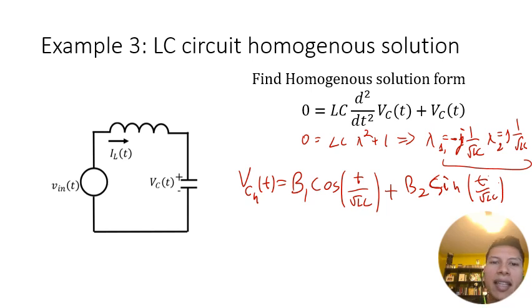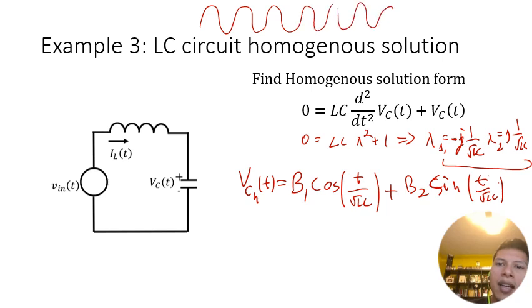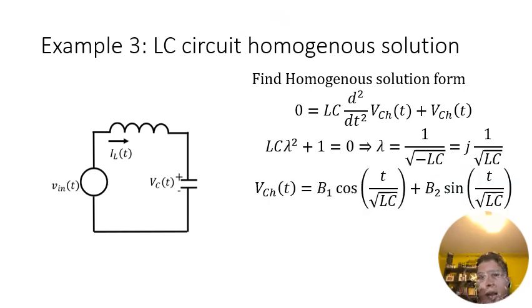What that means is that this kind of circuit will give you a homogeneous response that's some kind of sine plus cosine of a given frequency, and the frequency is, of course, 1 over the square root of LC over 2 pi. Or you could put it in radians, so it's just 1 over the square root of LC, but whatever. Anyway, that's the homogeneous solution of this particular circuit.